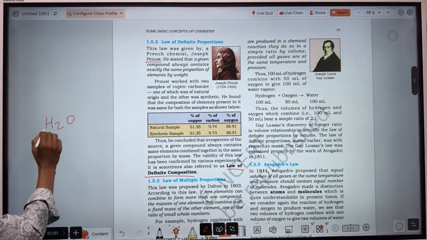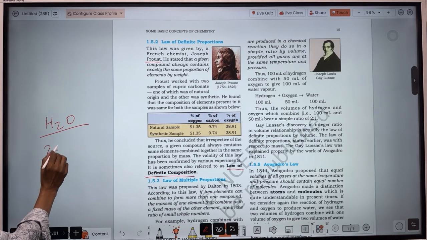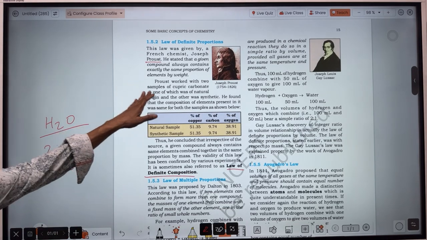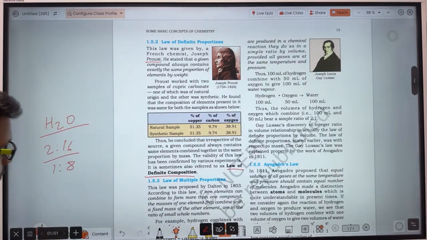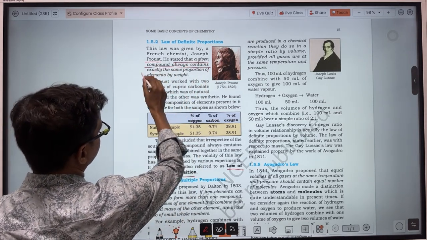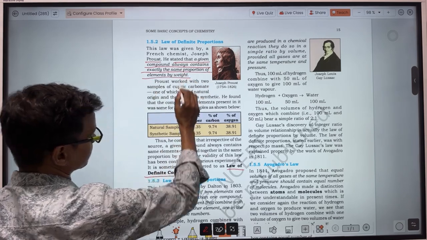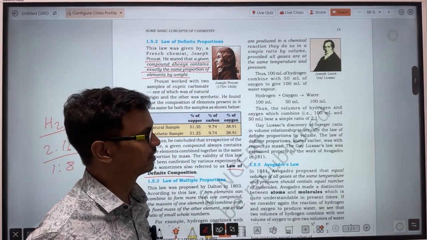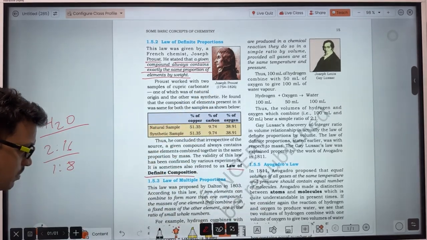Like here in H2O, the ratio will always be 2:16, that is 1:8. So whatever be the source or method of preparation of a compound, the ratio of the constituent elements will always be constant. That is, a given compound always contains exactly the same proportion of elements by weight.